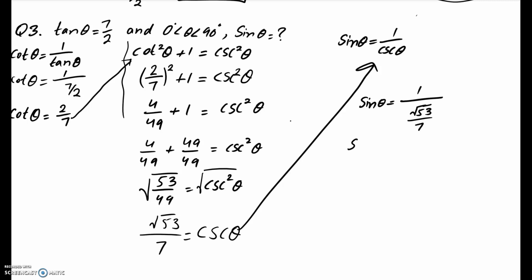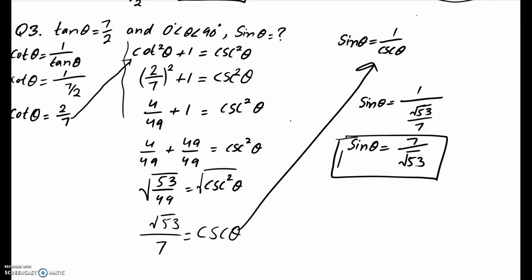When you simplify, sine theta equals 7 over square root 53. This is the value of sine theta. Now look, you calculated this value by using trigonometric identities.